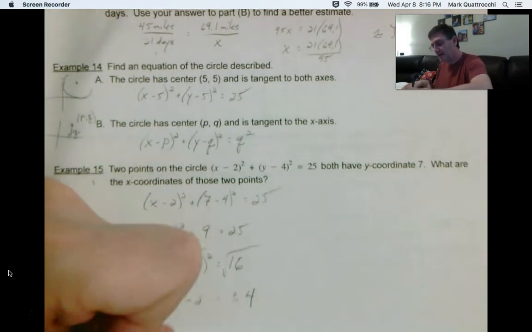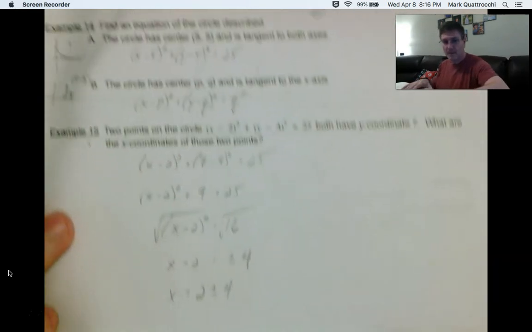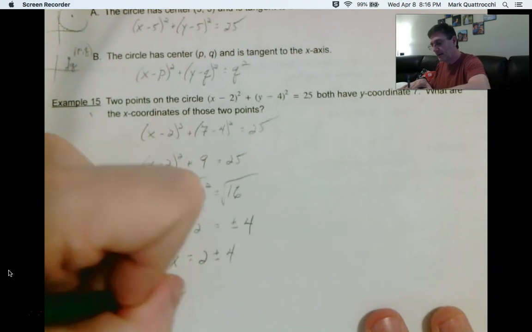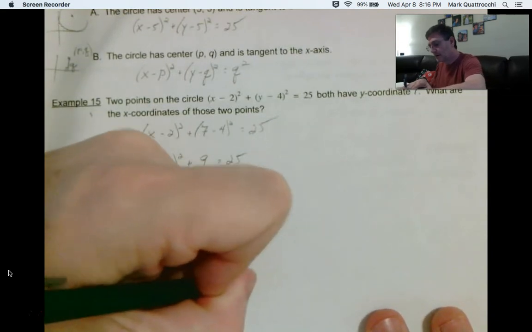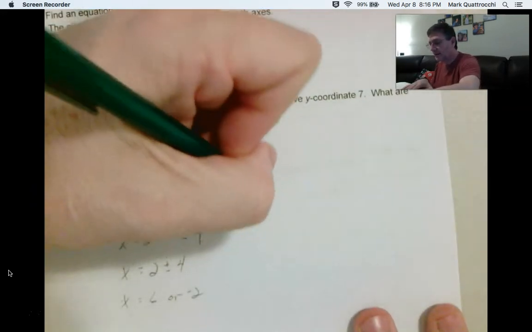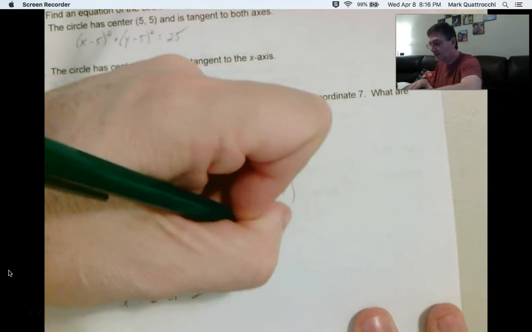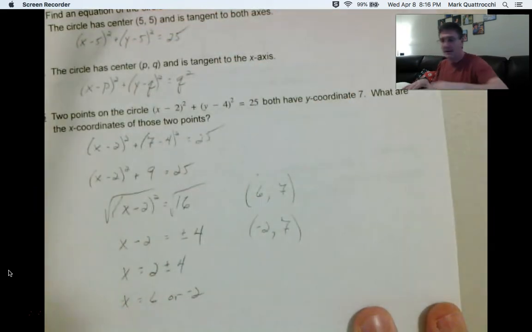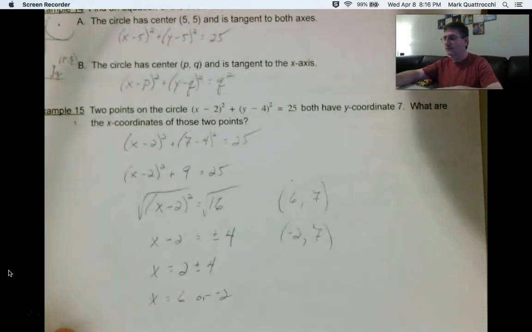Add 2 to both sides. x equals 2 plus or minus 4. x equals 6 or negative 2, giving us (6, 7) and (negative 2, 7) as the 2 points that are on this circle that have y coordinates of 7.